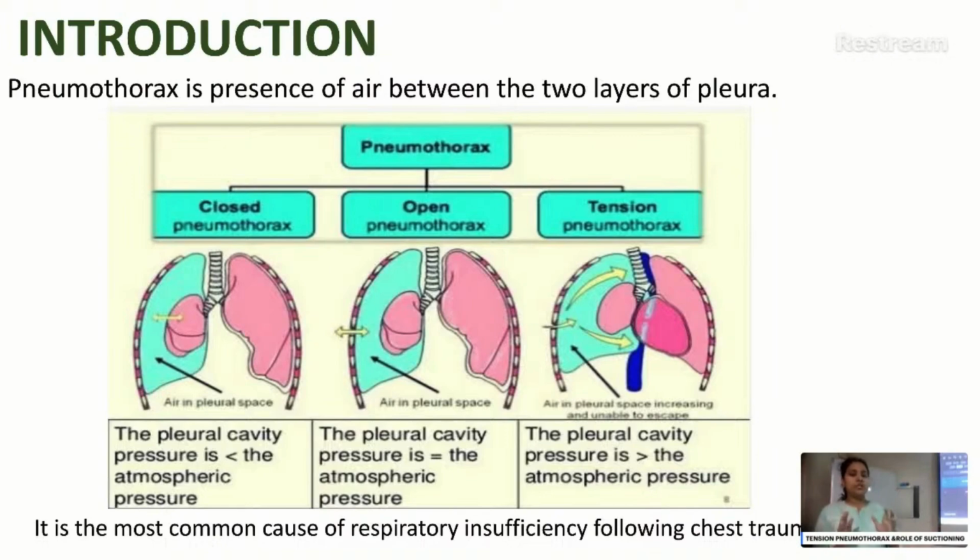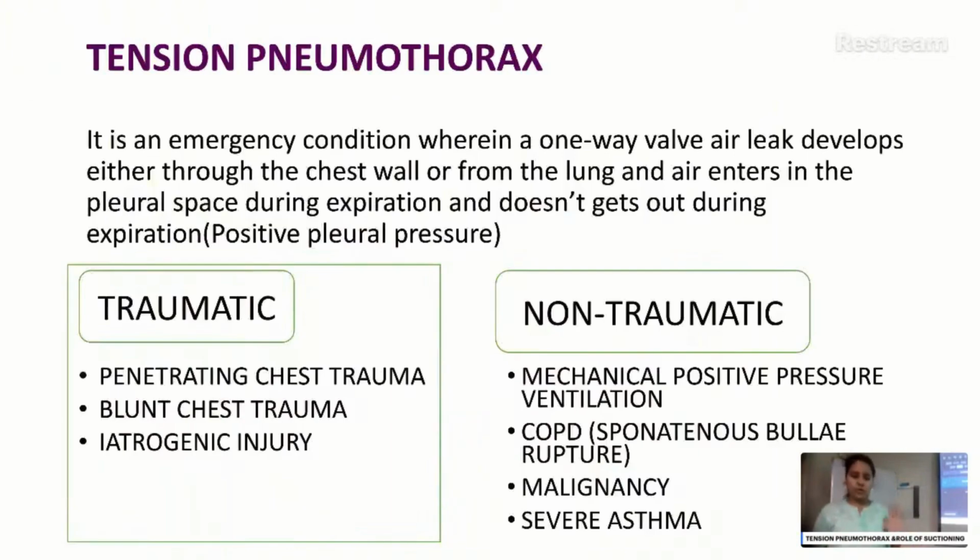But if the pressure has reached a point where it is more than the atmospheric pressure, at that point there will be tension pneumothorax. Air will come in during inspiration, but because the pressure is now higher, it will not be able to move outside during expiration.